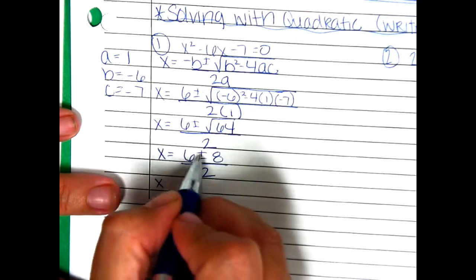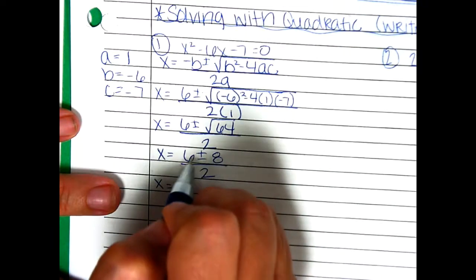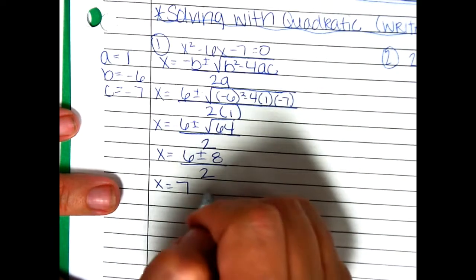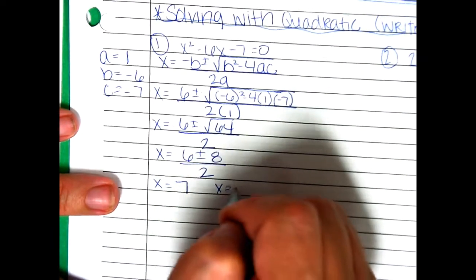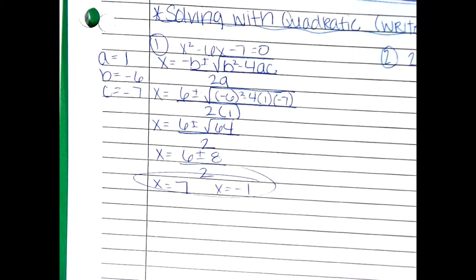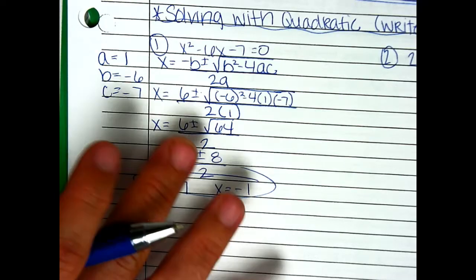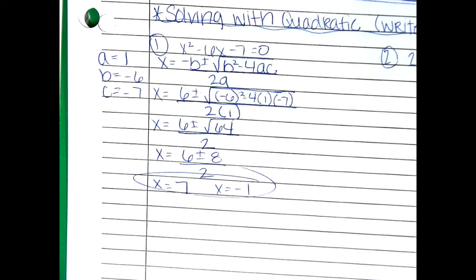So 6 plus 8 is 14, divided by 2 is 7. And 6 minus 8 is negative 2, divided by 2 is negative 1. Okay, so you will get 2 answers for each problem, as long as the discriminant is greater than 0. Even if there are no real solutions, you'll end up with 2.